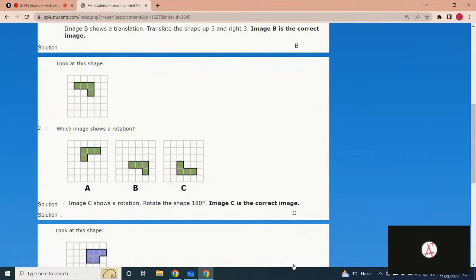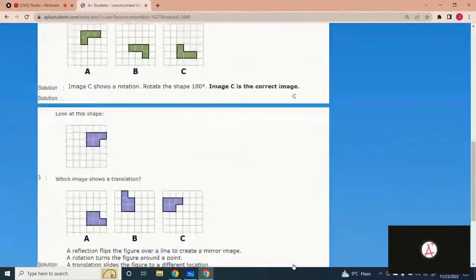Got it? Yes, option B is the translation and C is the rotation. Okay, let's move on to the next one.